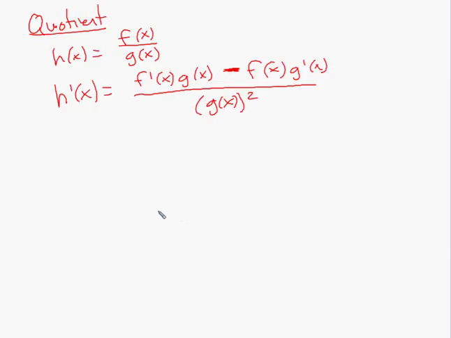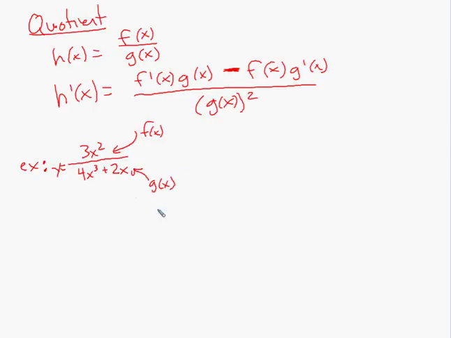All right, so an example of this. Let's say I have 3x squared all over 4x to the third plus 2x. And that's my function, y equals that. So my top is basically my f of x, and the bottom is my g of x.